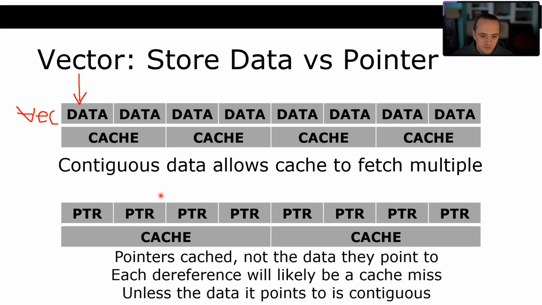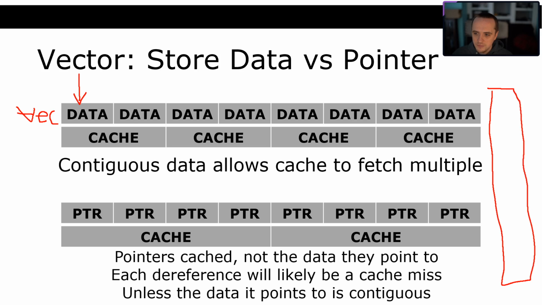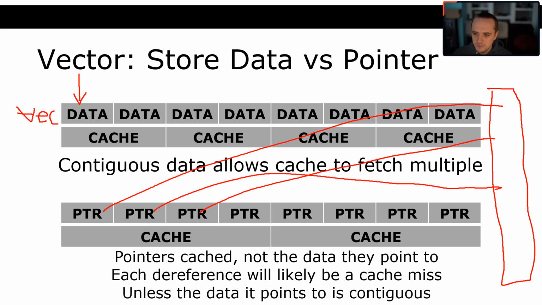Relating to what I was saying before, if instead we store pointers in our vector, then whenever we look up a pointer, the other pointer values get cached, but not the data that they're pointing to, right? So let's say over here, this is our RAM, okay? This pointer might point over here, this one might point down here, this one might point here, and this one might point here.